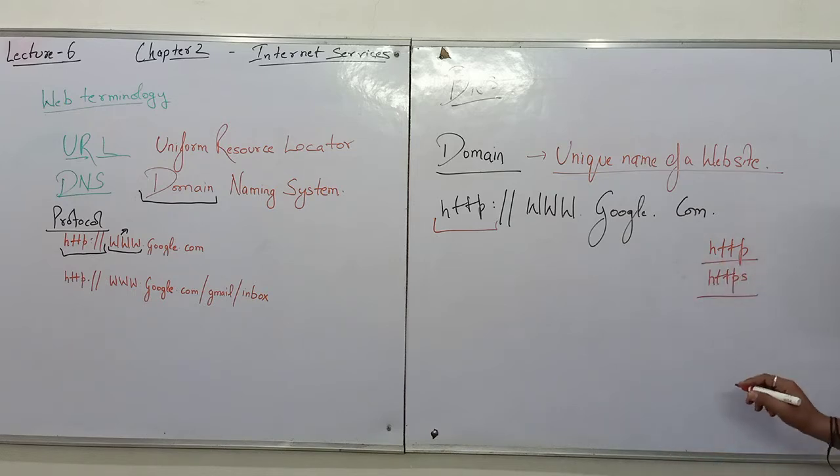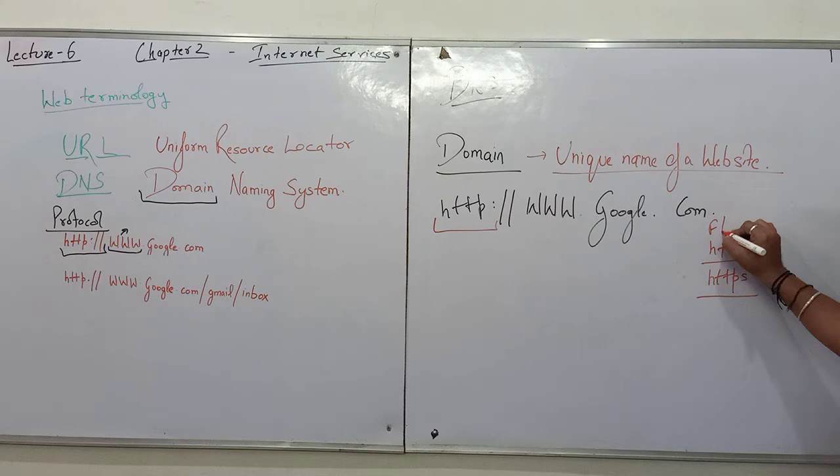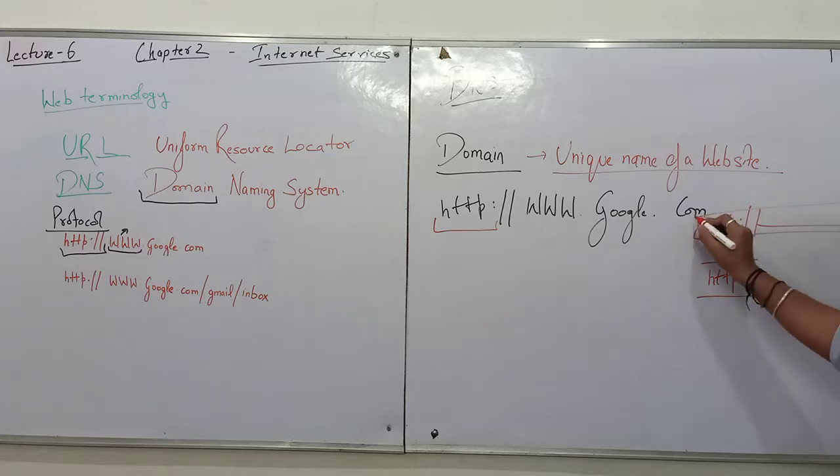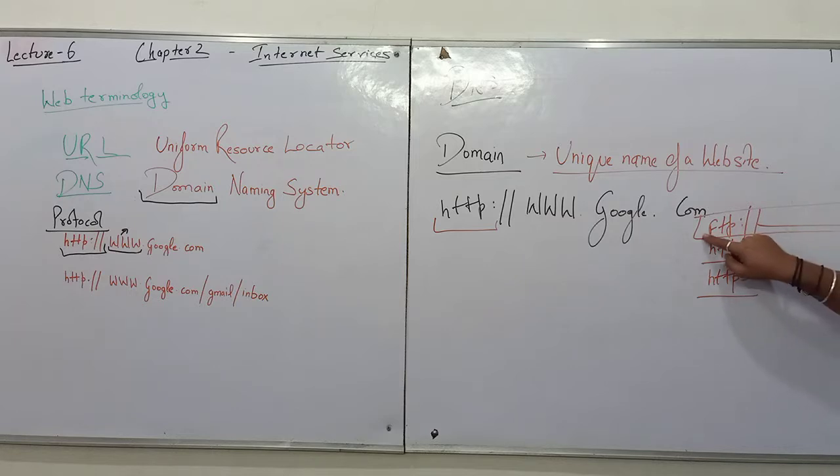Sometimes you have also seen FTP in the link. Whenever you see FTP, it means you are going to share data. While sharing your file on Xender or ShareIt, you have found this protocol FTP and your link.